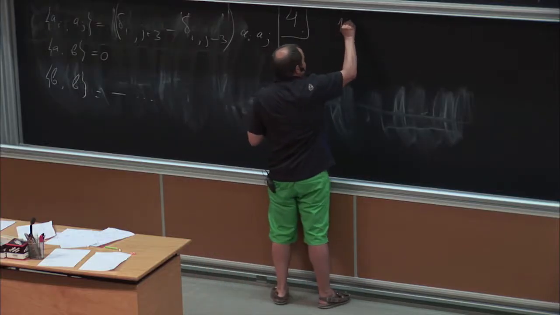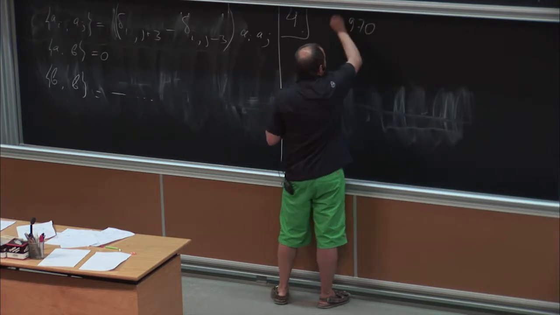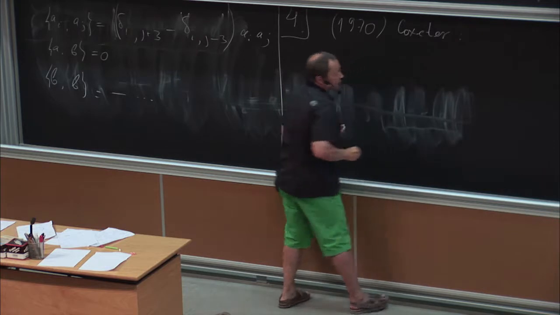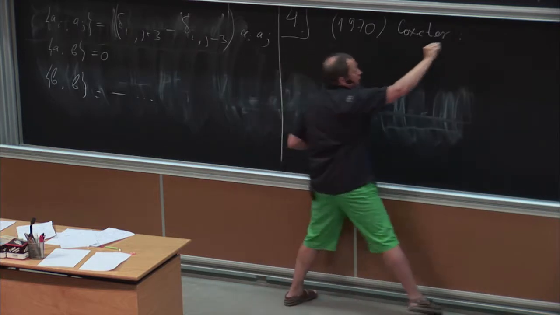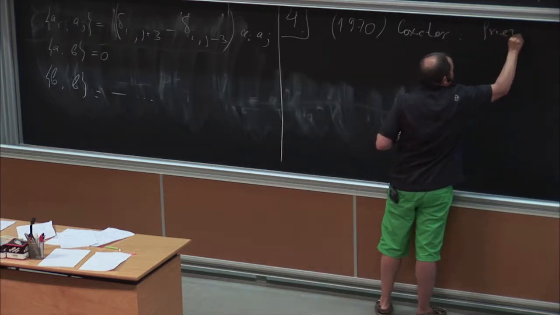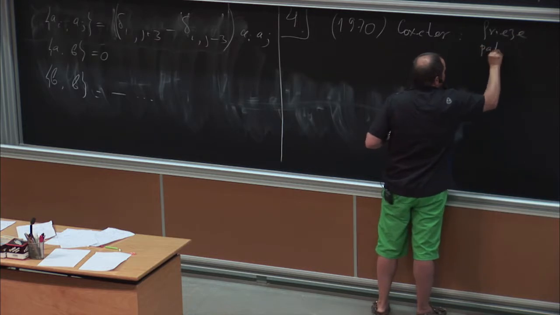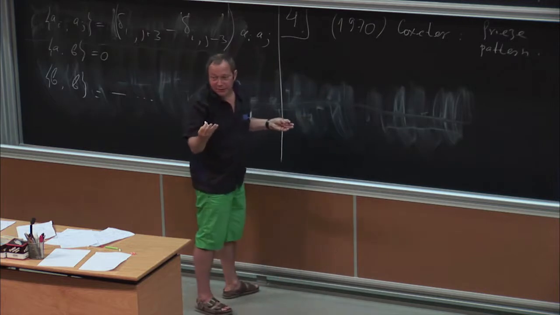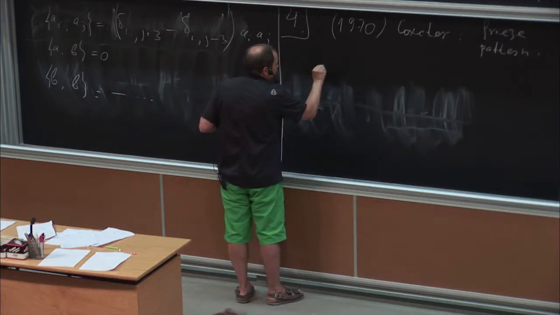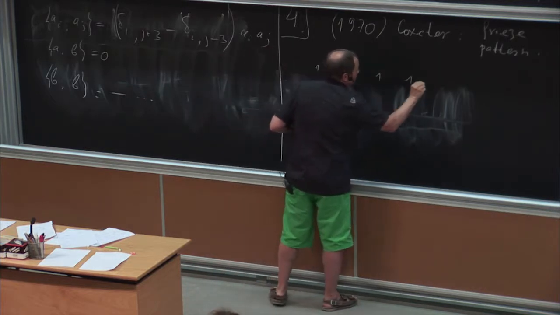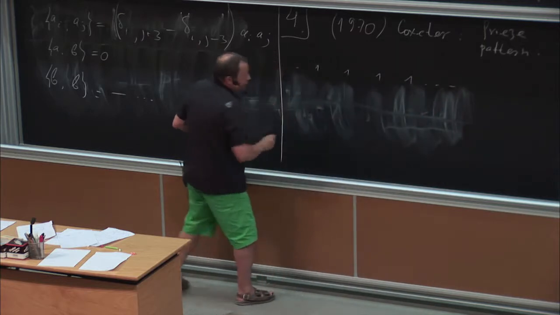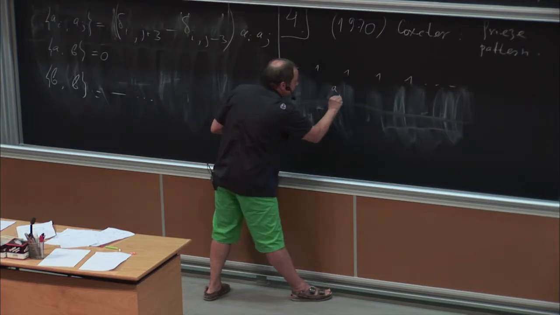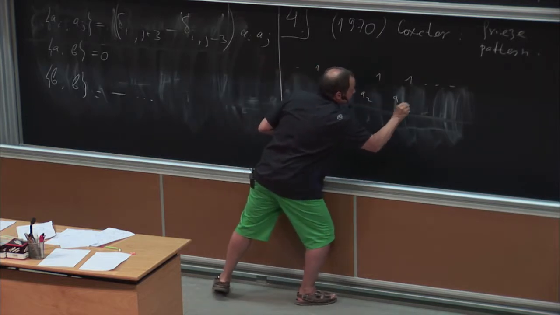So in 1970, Coxeter defined the notion of a frieze pattern. And it is the following. It's a table of numbers, an array of numbers. First he puts an infinite row of ones. Then he puts here some arbitrary numbers, A1, A2, A3, and so on.